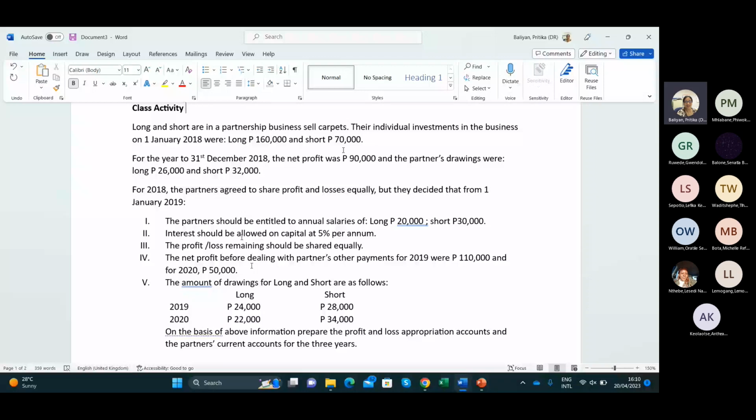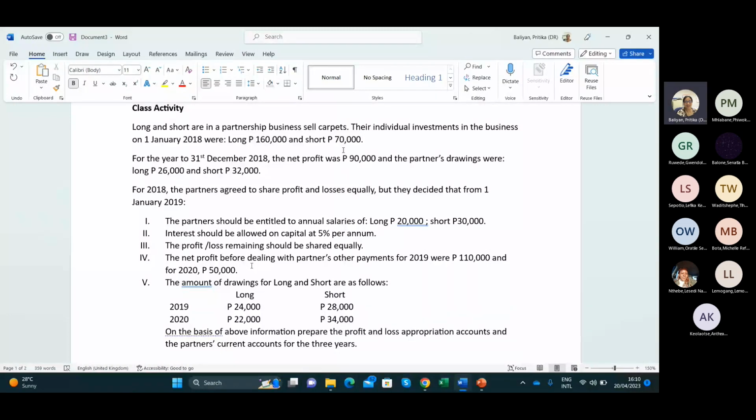How much capital is given there? Long is 160,000 and Short is 70,000.